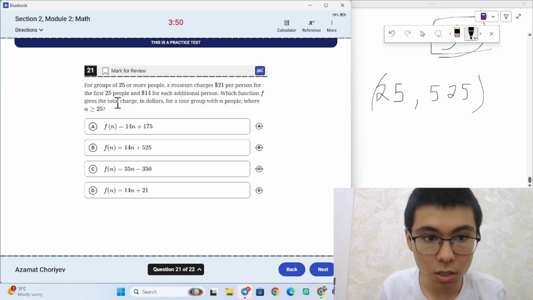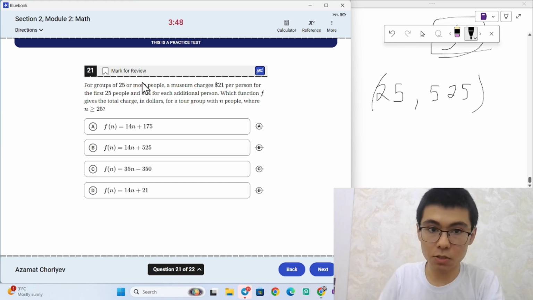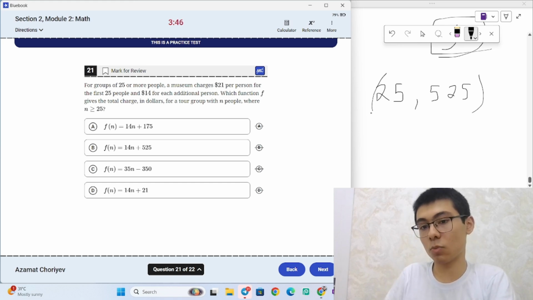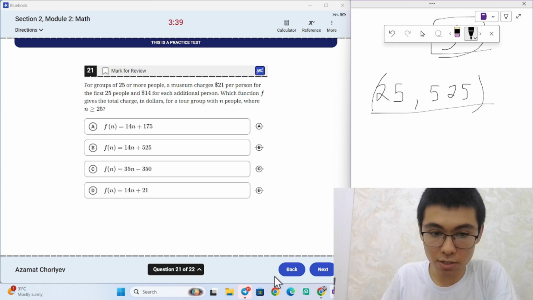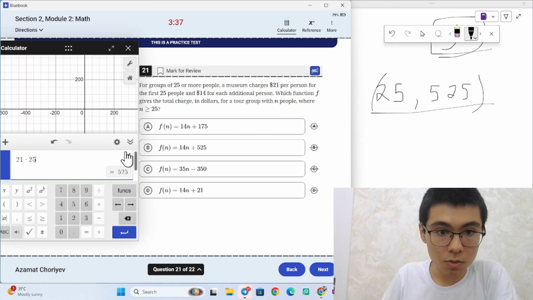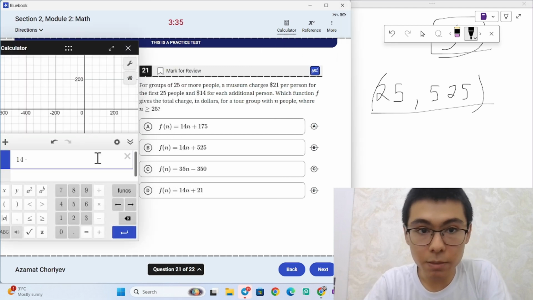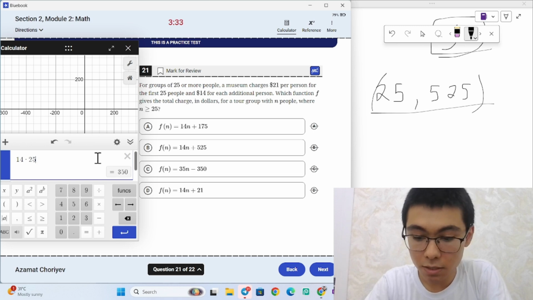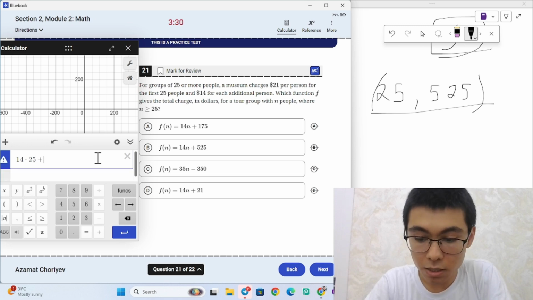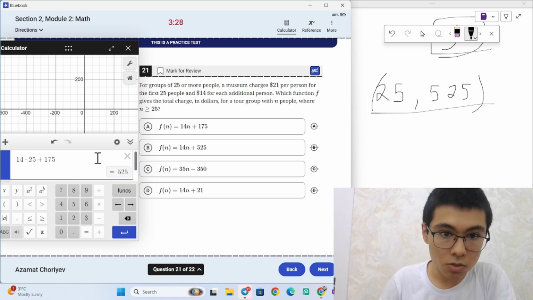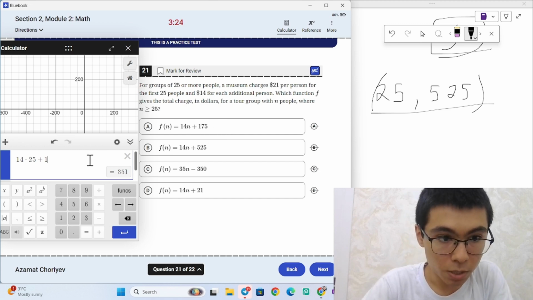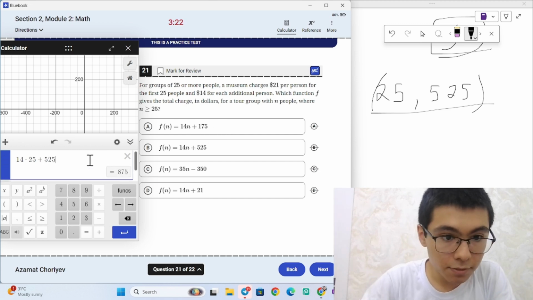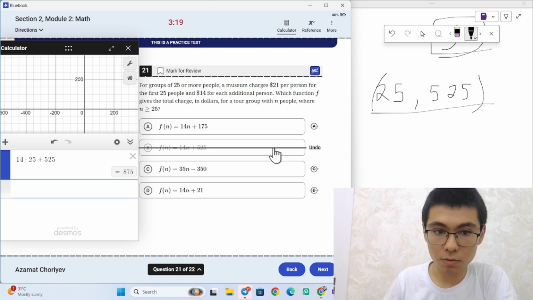So in this case, the easiest way is to put 25 instead of x and see which one matches. So A, 14 multiplied by 25 plus 175. Yeah, A is possibly correct. So B, 525. No. 875. No. B is wrong.